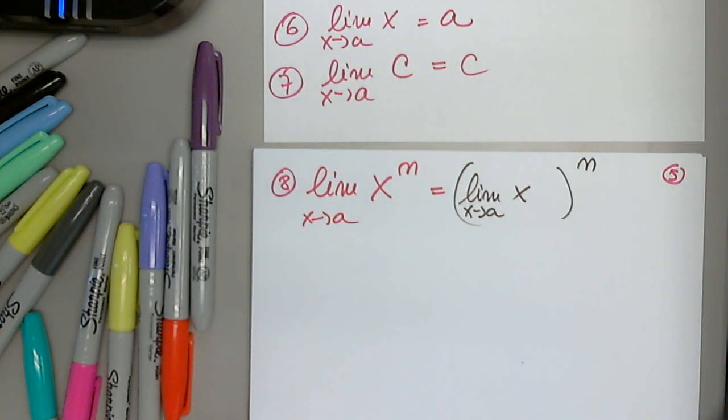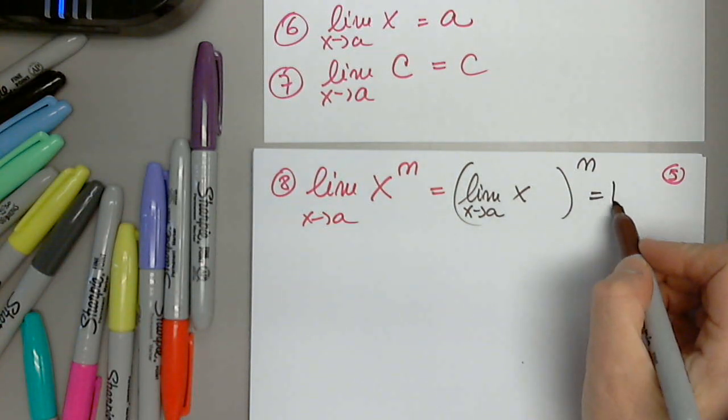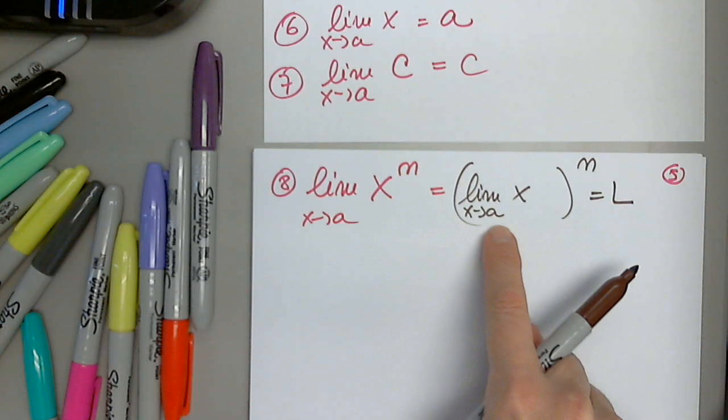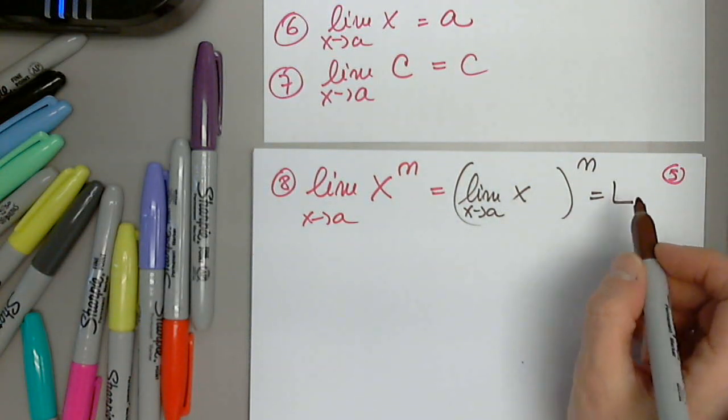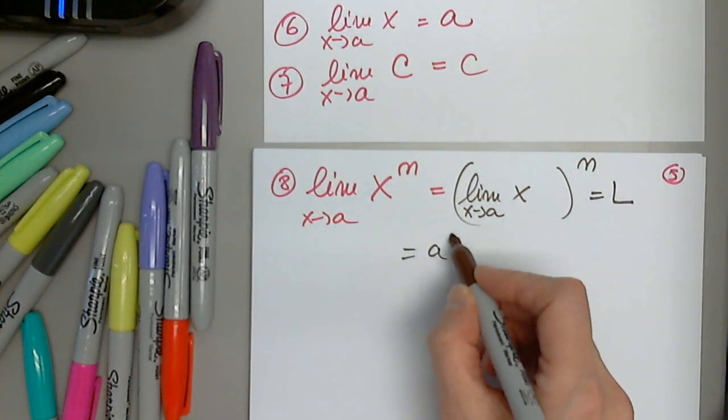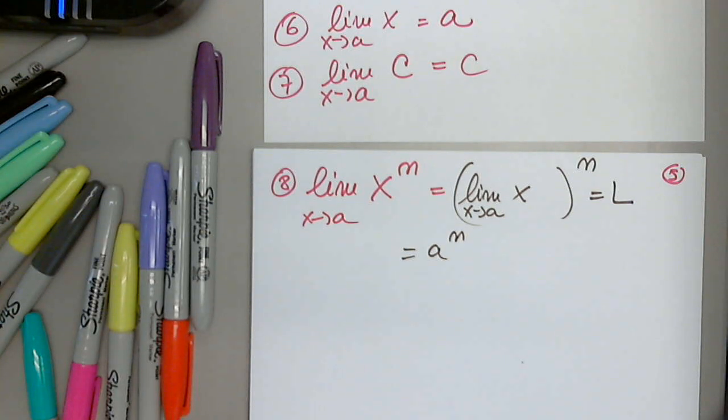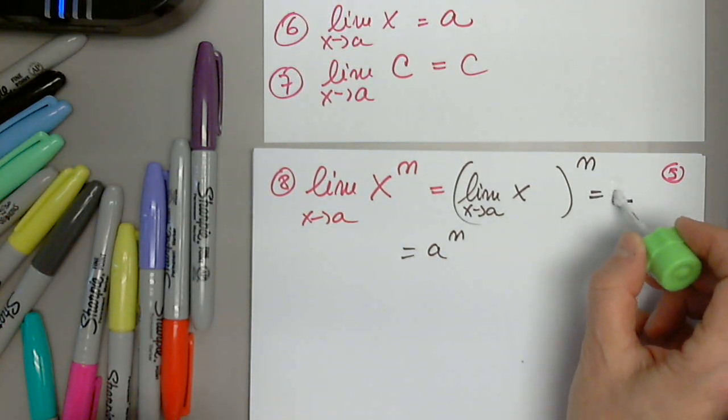What is the limit inside? It's x, so it's a. You're right, a to the n. I got carried away. This is not the function, it's simply x. I was thinking of the function for a moment. Thank you.